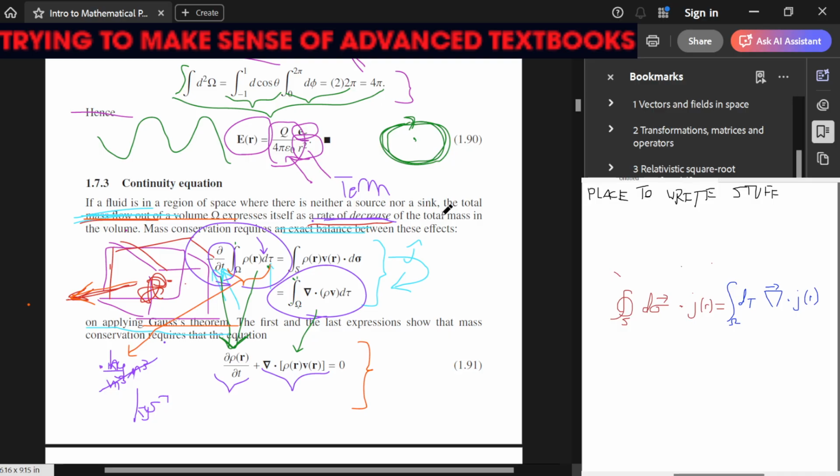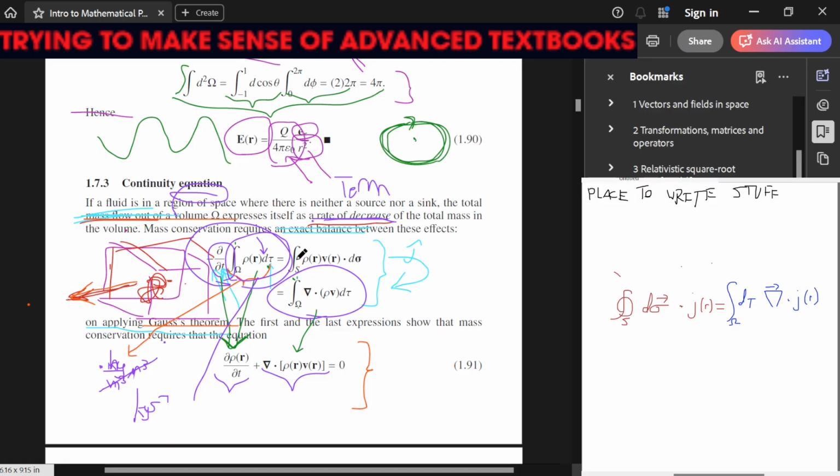Rate of decrease of a total mass. And then you just shove in a term that is the thing that is decreasing. So this is one way of writing the total mass of the region of space. Okay, so this makes sense.